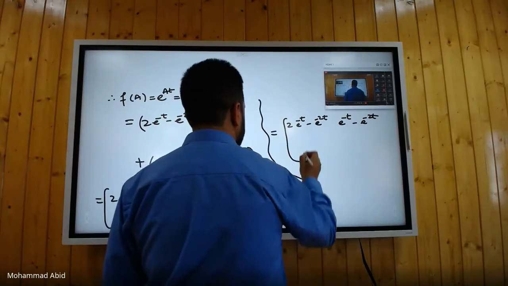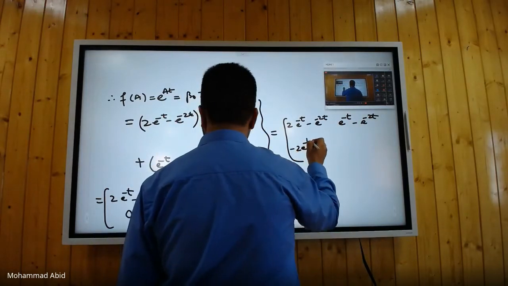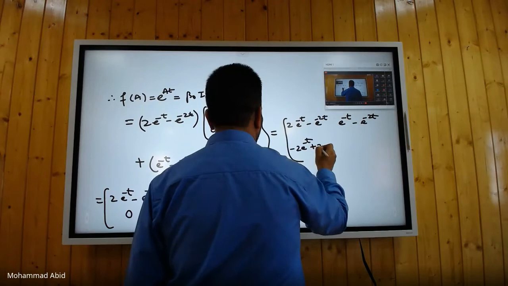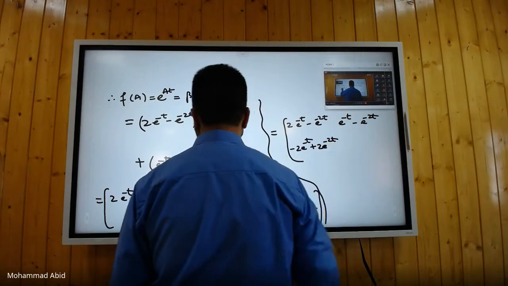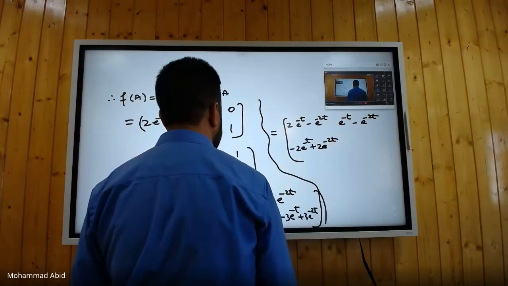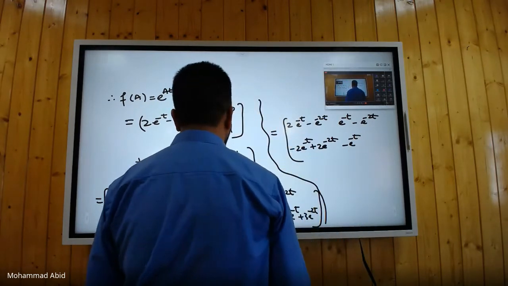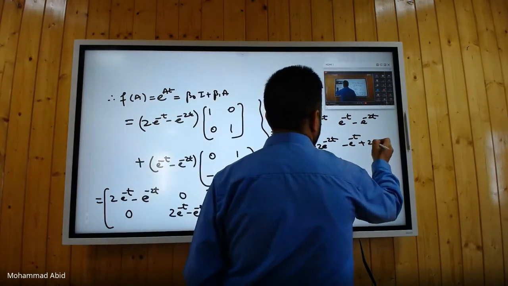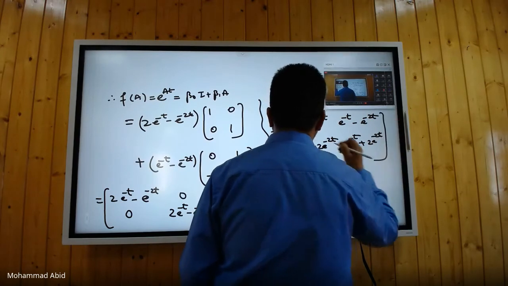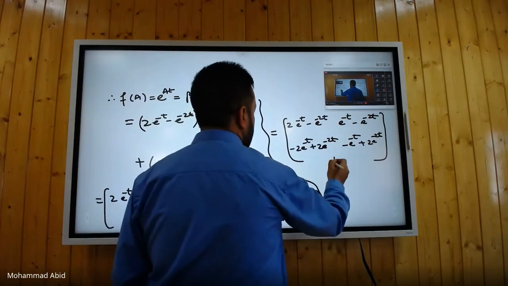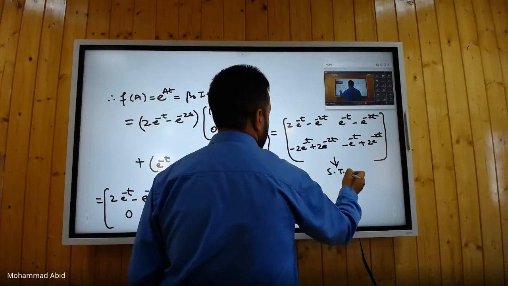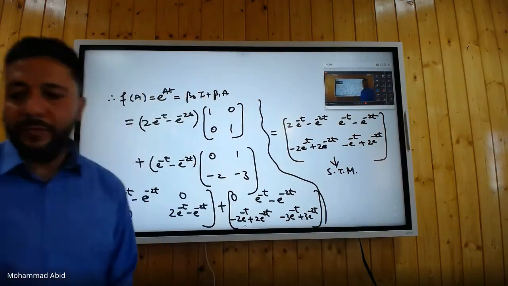Here this will be minus 2 e to the power minus t plus 2 e to the power minus 2t. So here it will be minus e to the power minus t plus 2 e to the power minus 2t. This is your e to the power At, your state transition matrix. Is that okay?